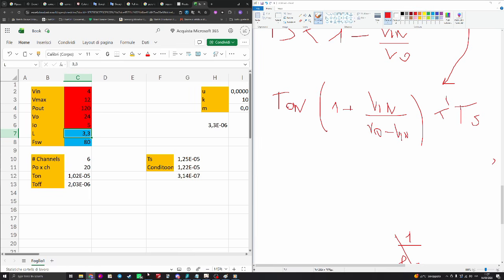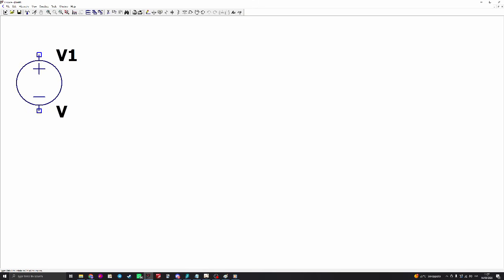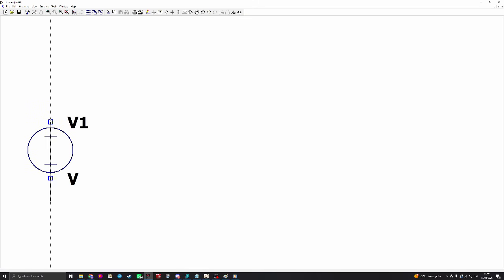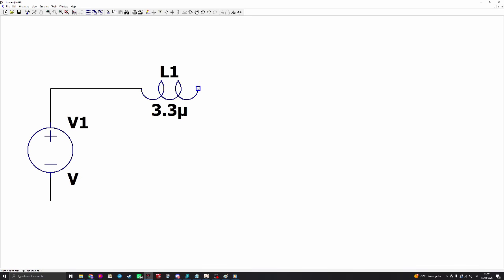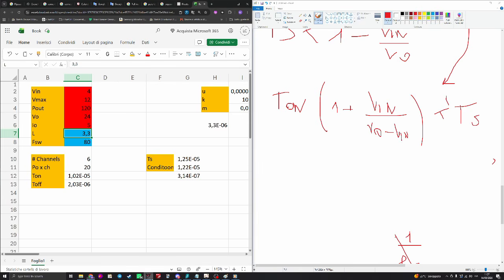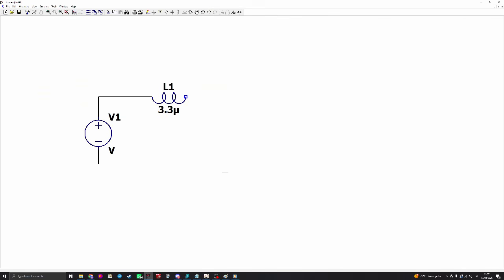Now we can switch to LTspice. In LTspice, of course, what you need to do is to put the input voltage and the inductor. We will put the 3.3 micro. So let's suppose that we focus on 6 channels and the power per channel is 20. It means that on the output side, we will have a current of how much?